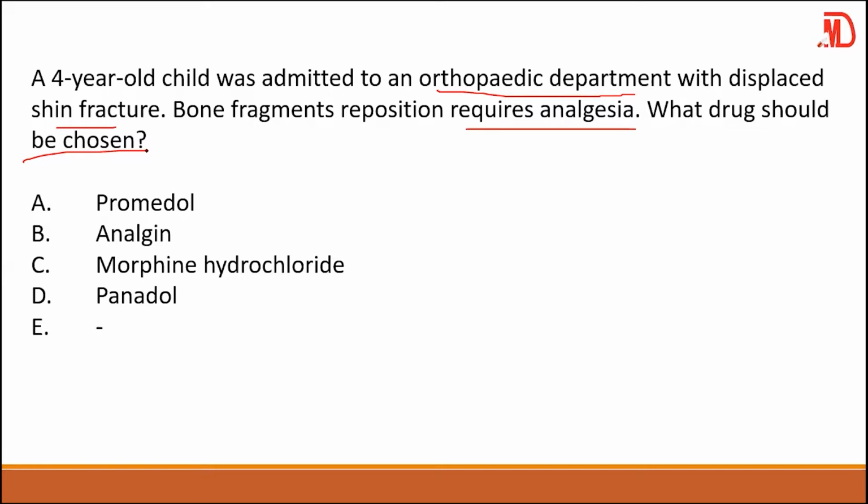I know many of you will be tempted to use morphine because that is the highest form of opioid analgesic that you can give. Yes, I know that. But over here, we are going for promedol, because it remains the best as it has a spasmolytic effect.